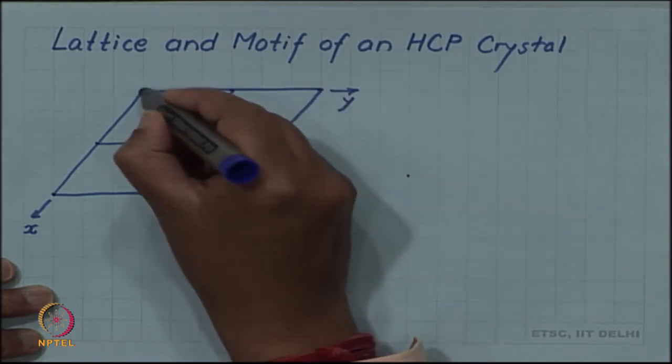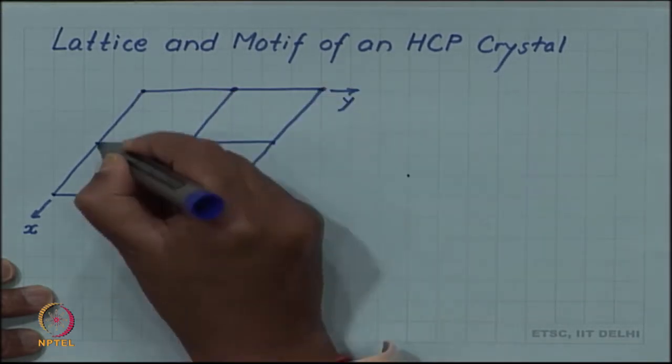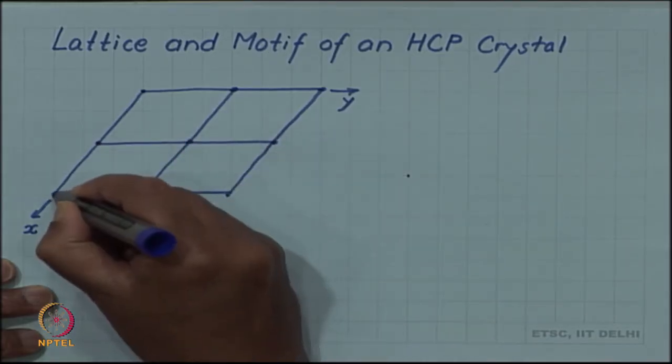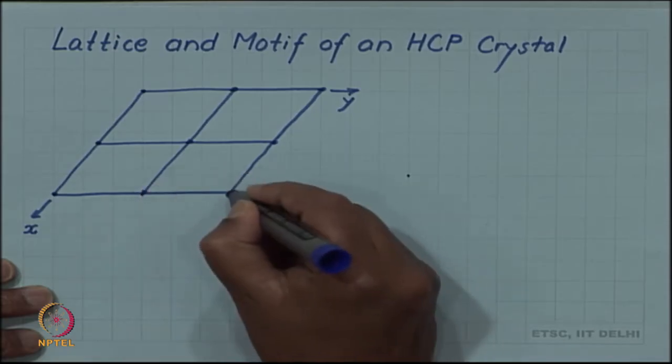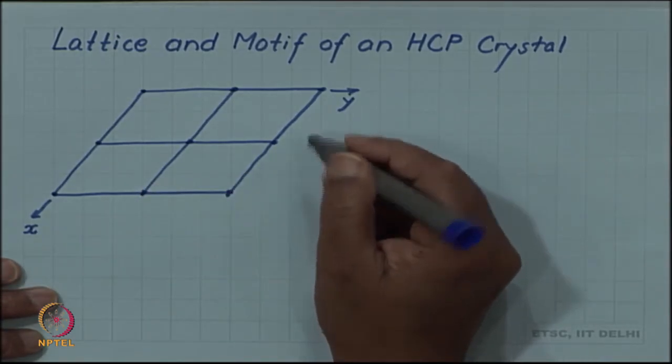Now, these corners of the unit cell, the lattice points, are what decide the A locations in the structure. This is where the centers of A atoms will be placed.